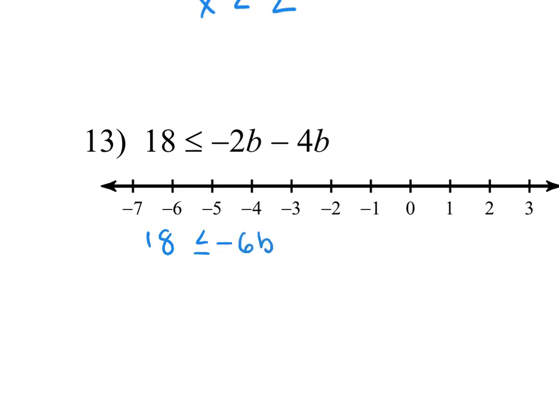Now what do we do? Divide. What happens when we divide by a negative? The sign switches. So here we have less than or equal to. We need to change it to greater than or equal to.